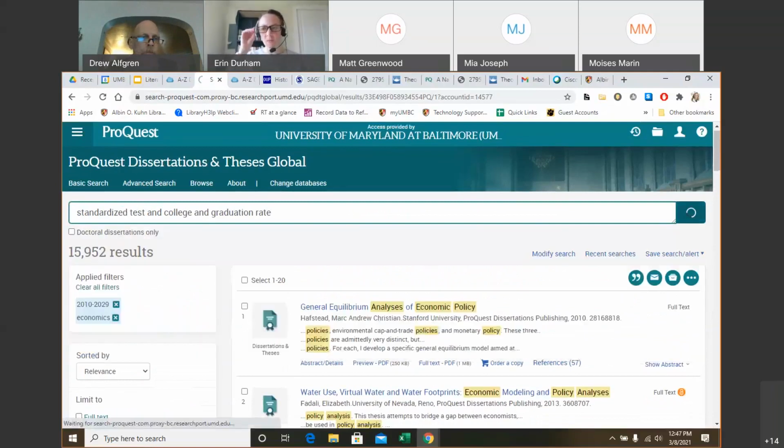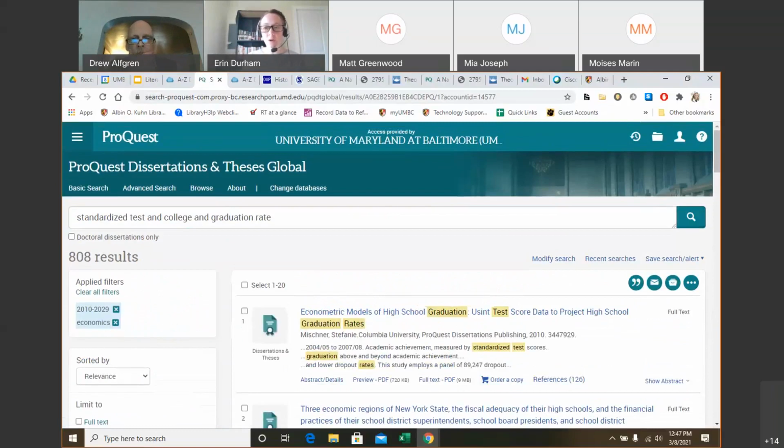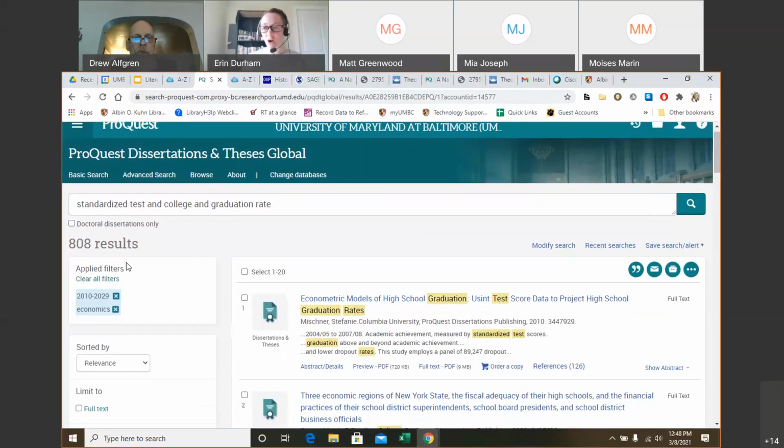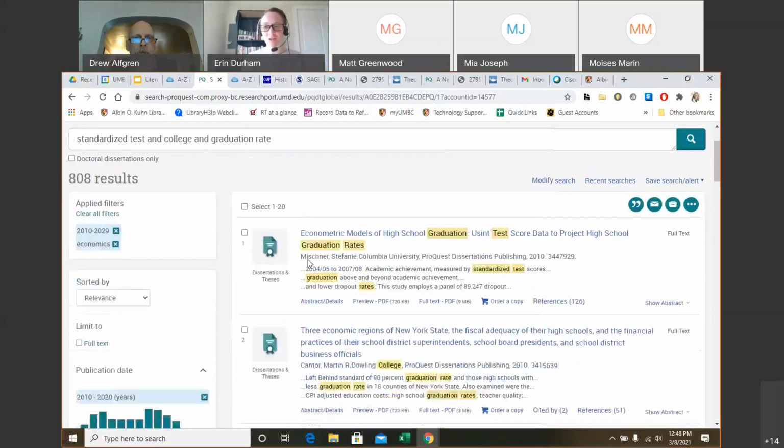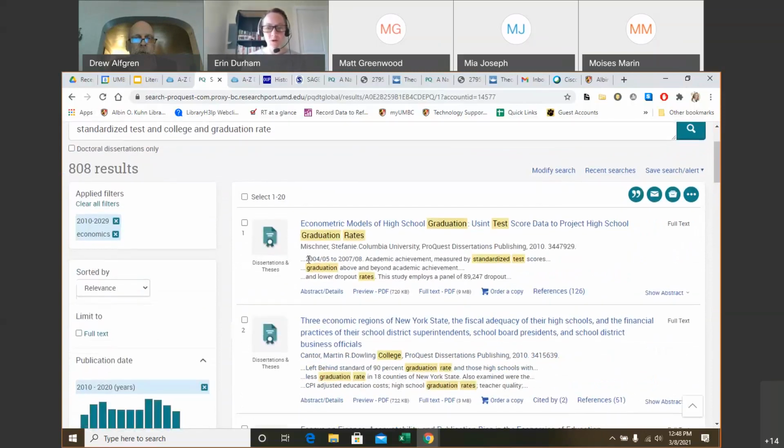What's nice about dissertations is if you are trying to figure out a methodology or a method of data collection and analysis, dissertations usually will be very detailed and provide sometimes even the thematic codes that were used. Sometimes it gives you the raw data and then shows the analysis that was performed. So they can be very useful.